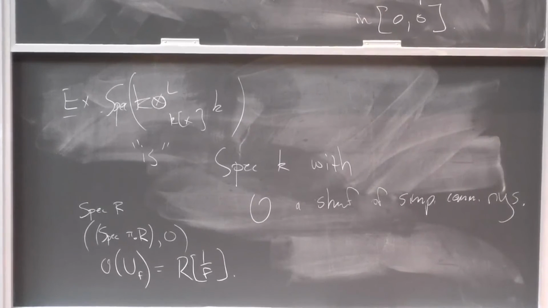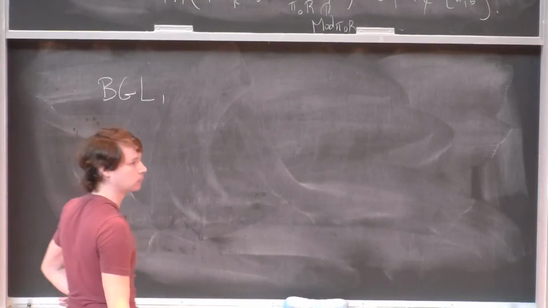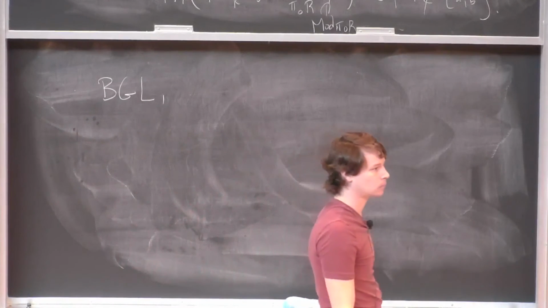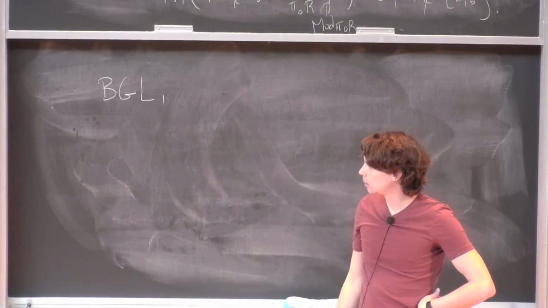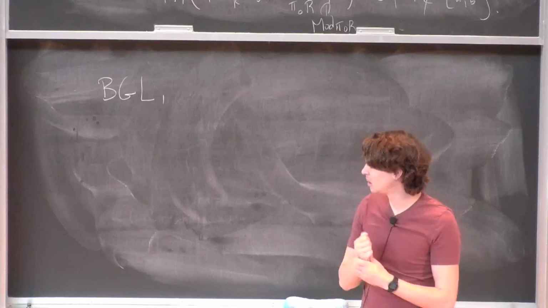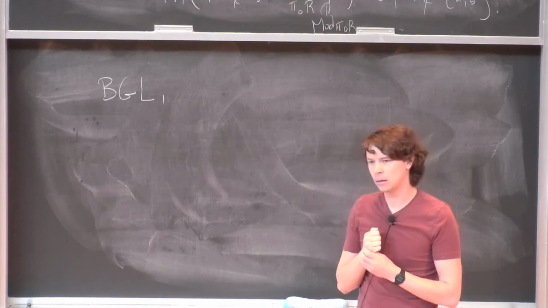Okay, so now what I want to do is consider BGL1. Were you going to show us the geometric realization of this little example? The canonical resolution, and then you said one could hope to understand.